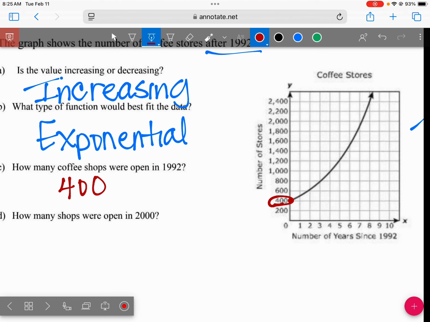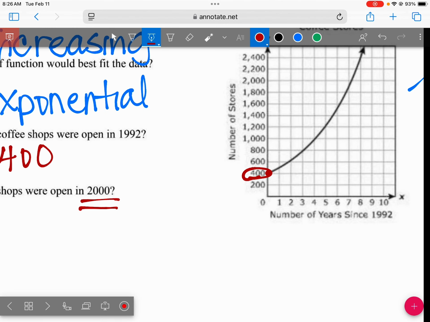How many coffee shops were there in the year 2000? This is the tricky one though, because if we look at our x-axis, it says years since 1992. So you would have to subtract 2000 minus 1992, which gives you 8. So the number of years since 1992 would be 8.